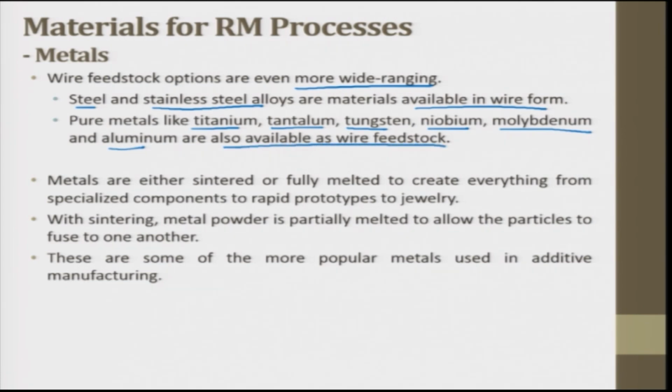Metals are either sintered or fully melted to create everything from specialized components to rapid prototypes to jewelry. So metals have a big range of applications, as mentioned here. With sintering, metal powder is partially melted to allow the particles to fuse to one another.